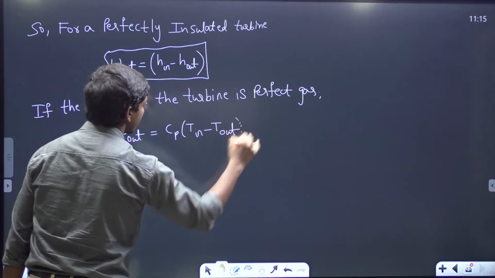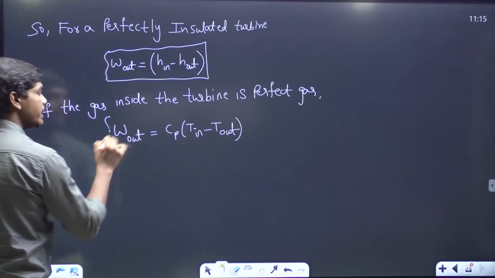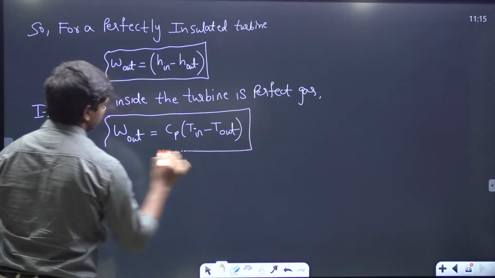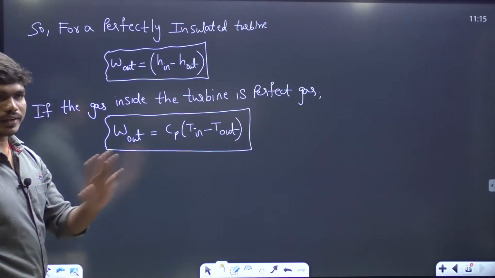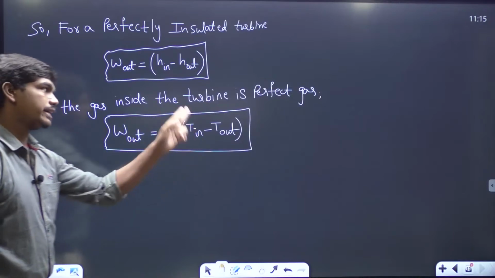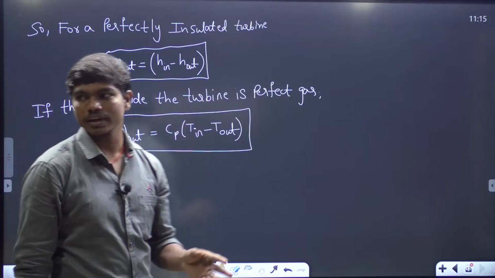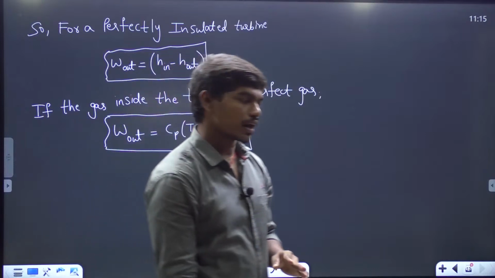So they can give you Cp and T inlet and ask what is T outlet for the process. Since this process is adiabatic, because you are not allowing any heat interactions, to apply this T in, T out when pressures and volumes are given, you can apply the ideal gas equation all the time. Okay.